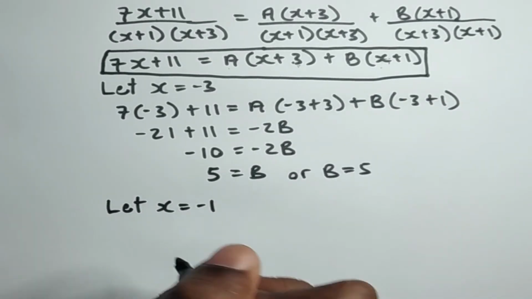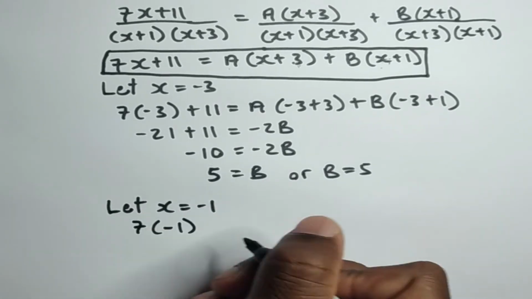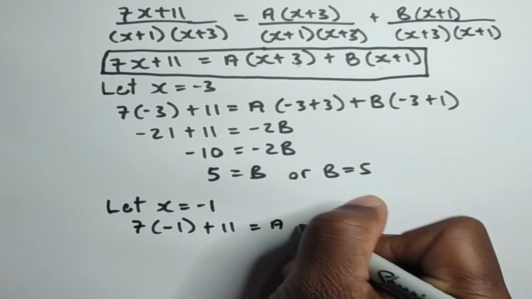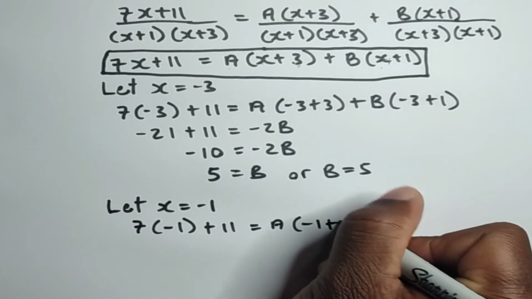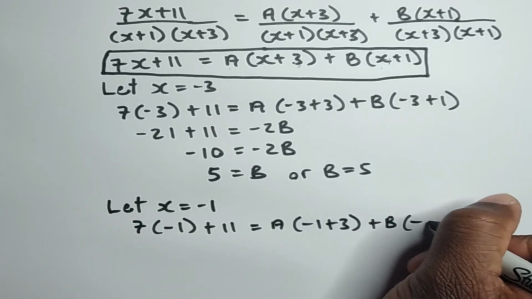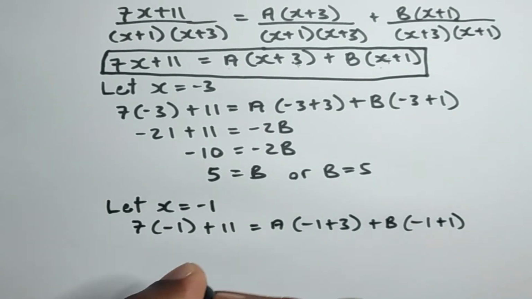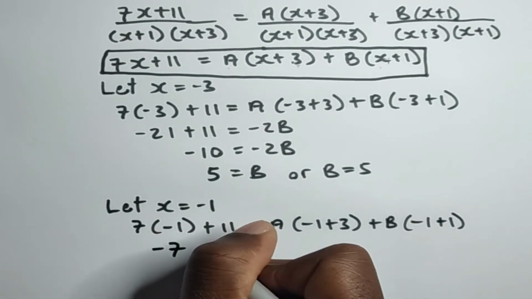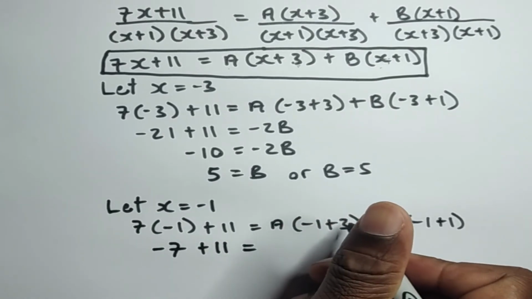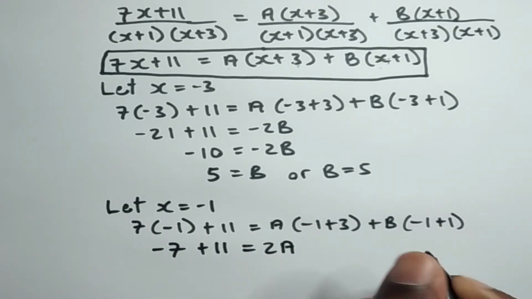Now I can go on and say 7, wherever I have x, I replace the x with negative 1, plus 11 is equal to a. Here I'll have negative 1 plus 3, plus b times negative 1 plus 1. 7 times negative 1 gives me negative 7 plus 11, is equal to negative 1 plus 3, that's positive 2, so we'll end up with positive 2a.